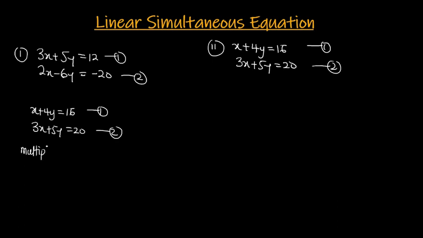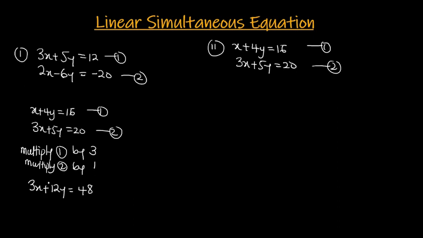So I multiply equation 1 by 3, and I multiply equation 2 by 1. So if I do that, I'm going to have 3 multiplied by x will give me 3x plus 3 multiplied by 4 will give me 12y is equal to 3 multiplied by 16 will give me 48.